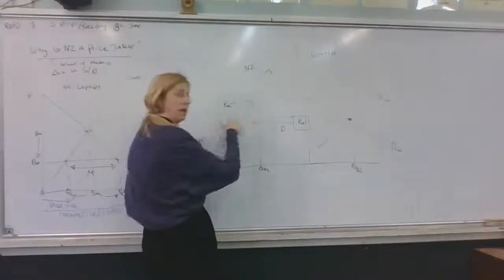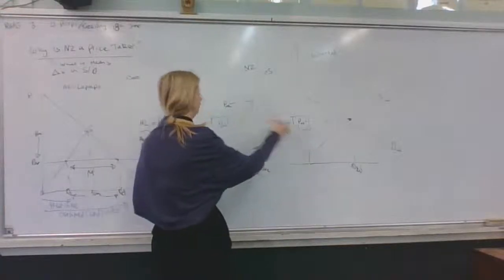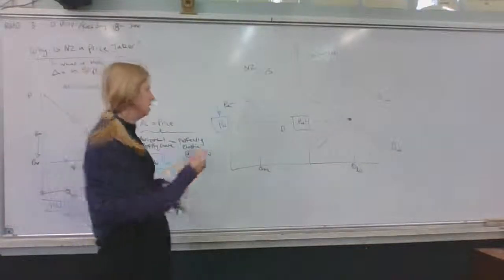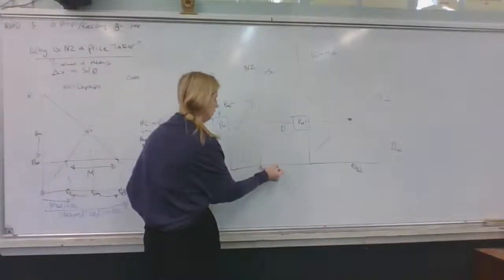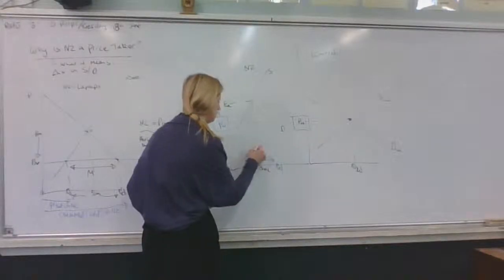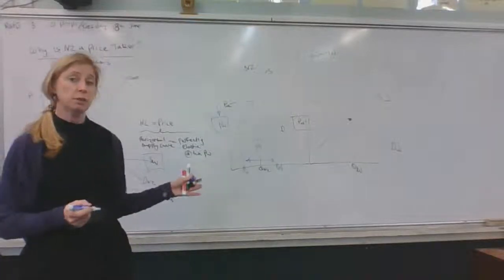So we take our price from the world market, and that effectively means the price in New Zealand falls, and that's where we end up importing, because we import to meet our shortage at the world price. So that's what it means by price taker.